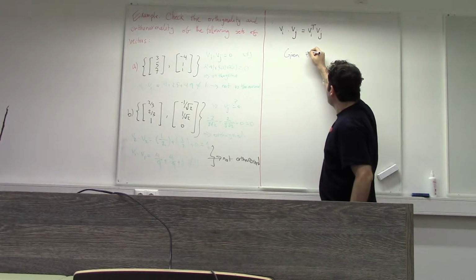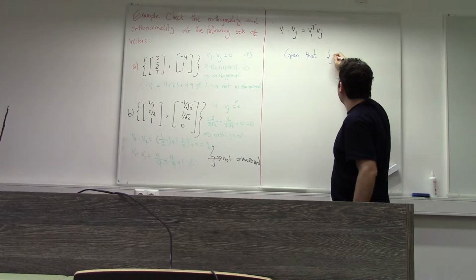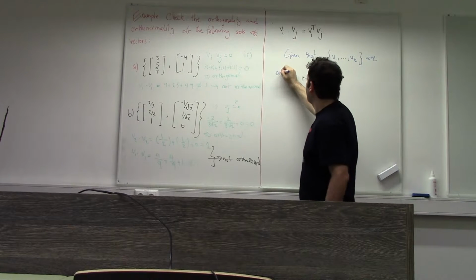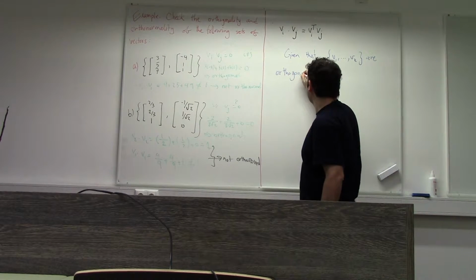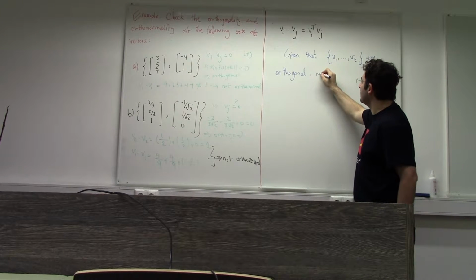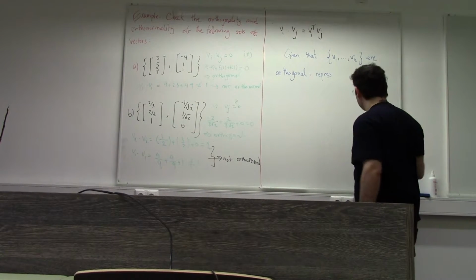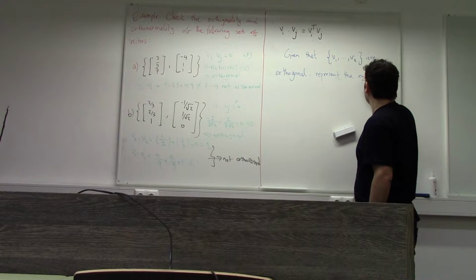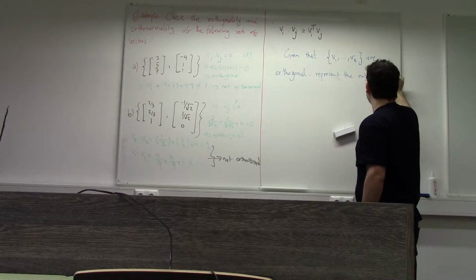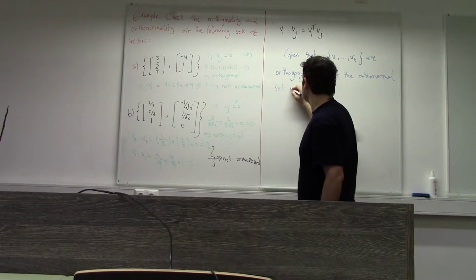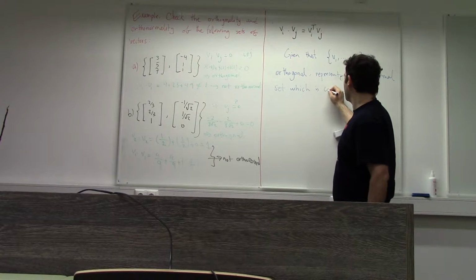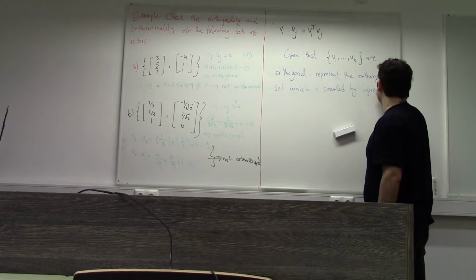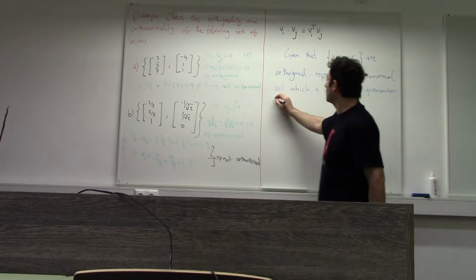Given that v1 till vk are orthogonal, represent the orthonormal set which is created by the aforementioned vector set.